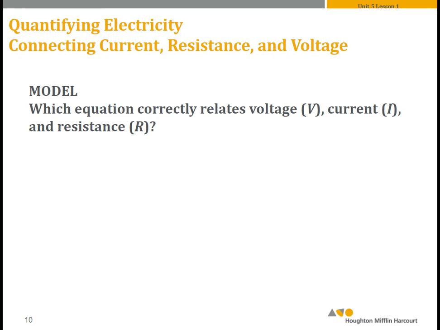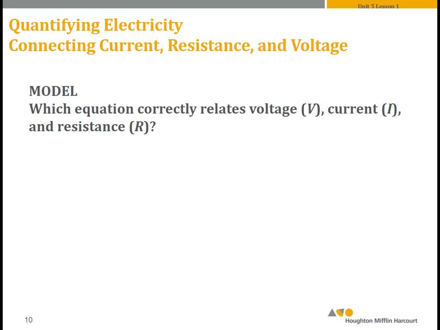Resistance is the value that resists the flow of current through an object. There are a lot of things that determine the resistance of a wire.